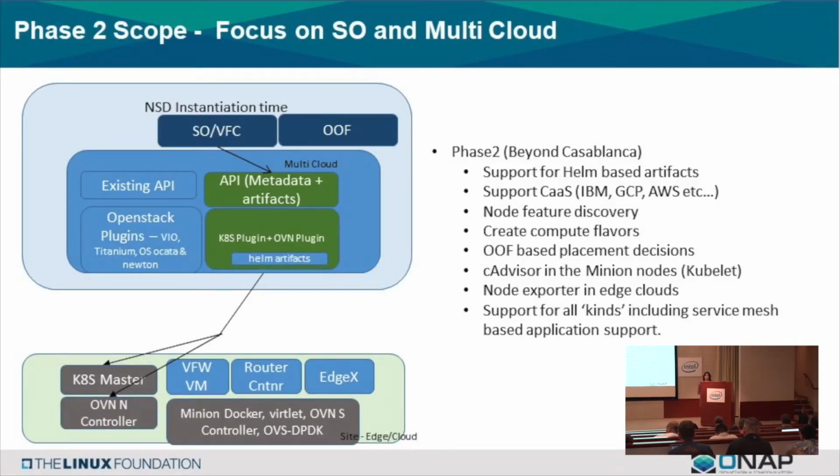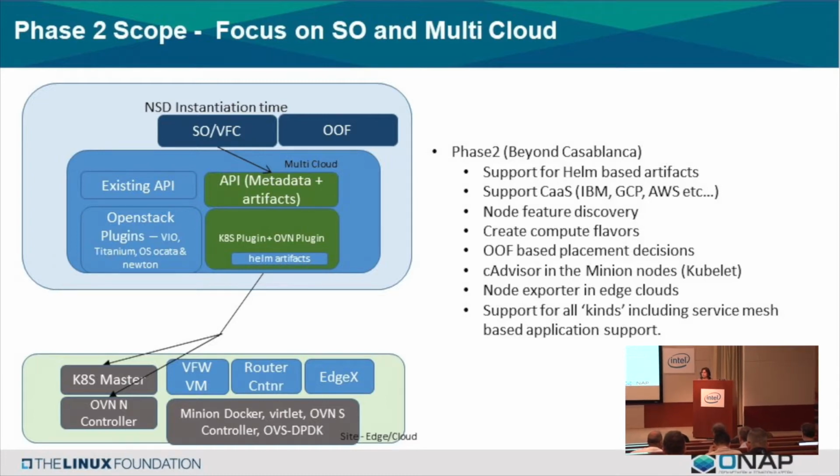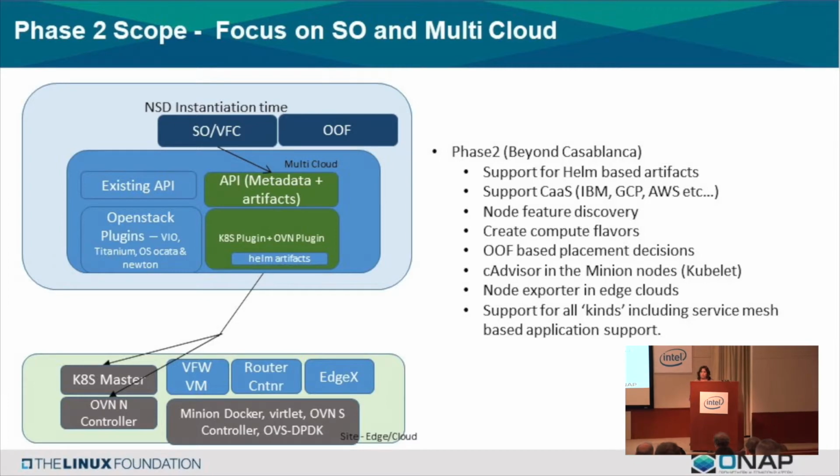Okay, so beyond Casablanca, we plan to add a lot more to this support. We are going to add support for Helm-based artifacts, and we are also planning to add support for container as a service and be able to run these containers in IBM, GCP, or AWS clouds, and that will need changes to our plugin.